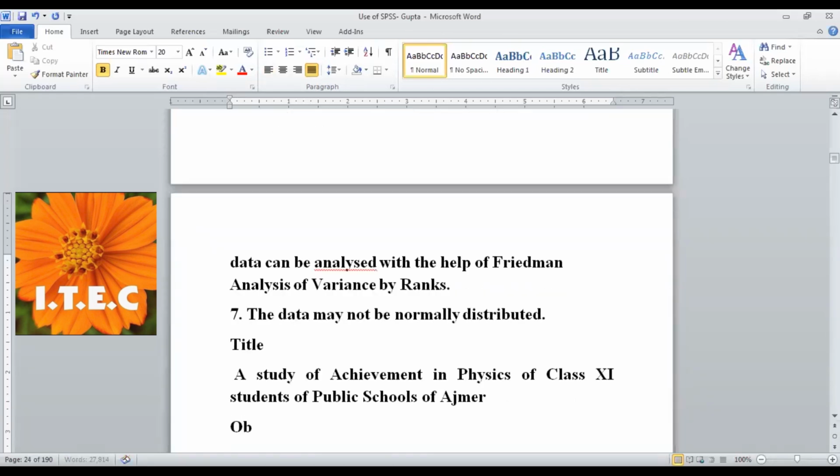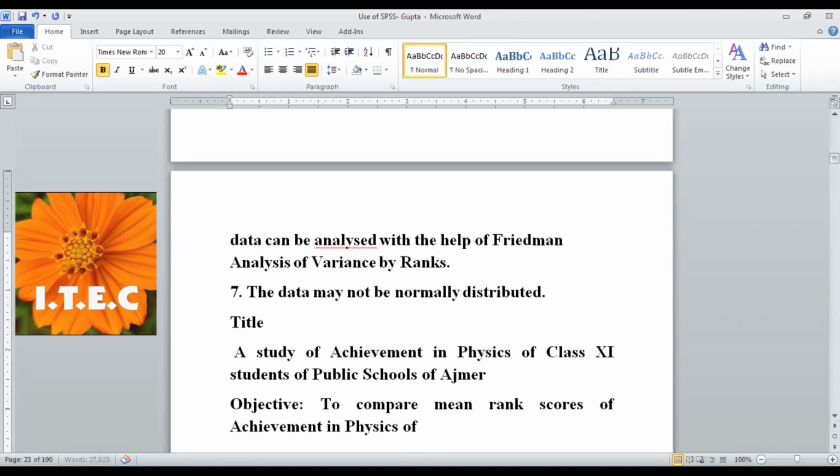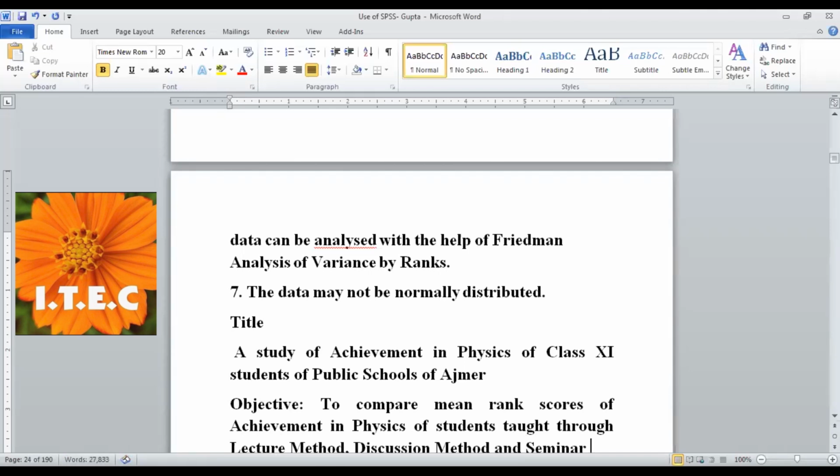And my objective can be to compare mean rank scores of achievement in physics of students taught through lecture method, discussion method, and seminar method.